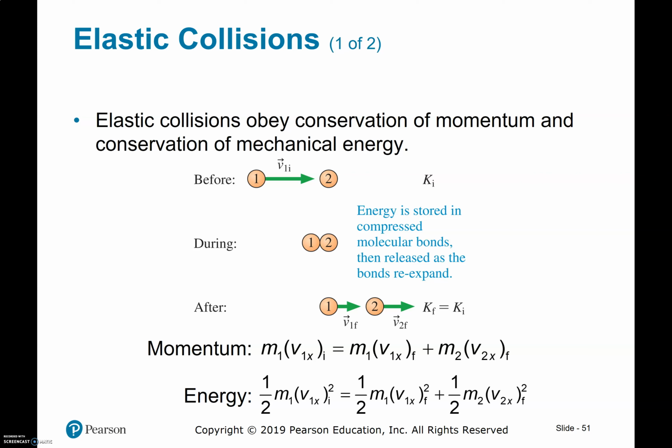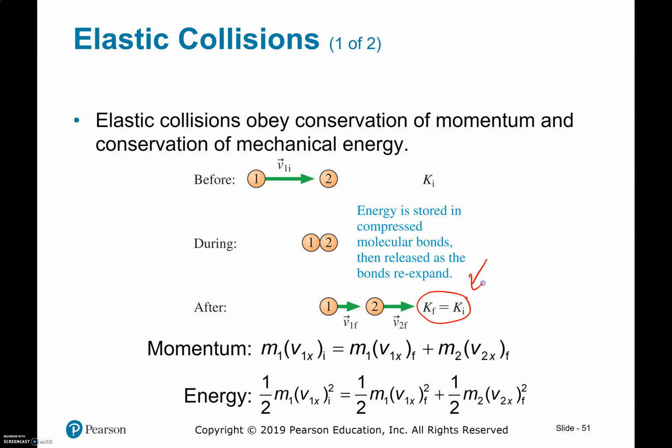So elastic collisions, on the other hand, they conserve energy, right? So the energy that you have at the beginning equals the energy that you have at the end, so you get this equation here. In this case, it's all energy of motion. In the collisions that we're going to consider, we're not going to consider any potential energy.